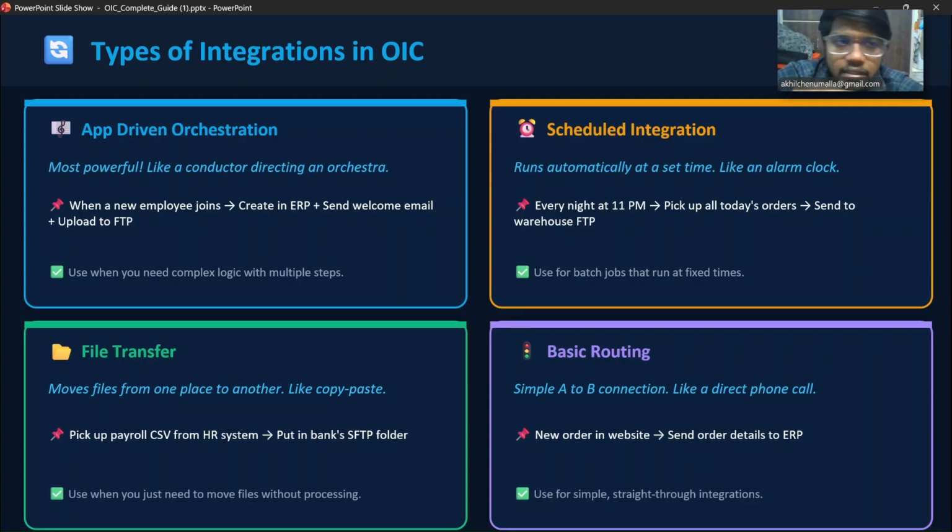So app-driven basically works in real time. If one thing happens in one particular application, it directly flows to another application at the same time, within seconds or within a minute. For example, say you applied on Naukri.